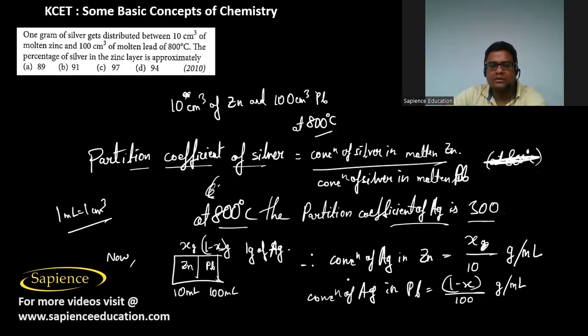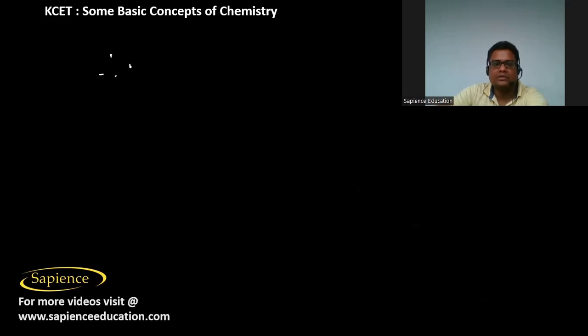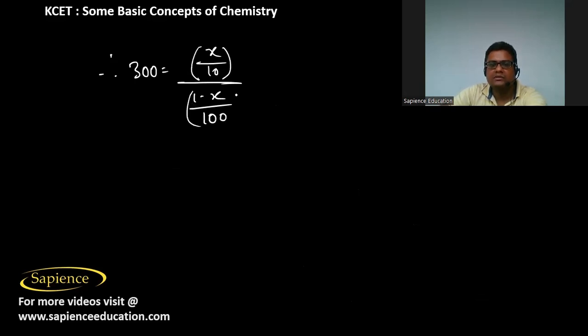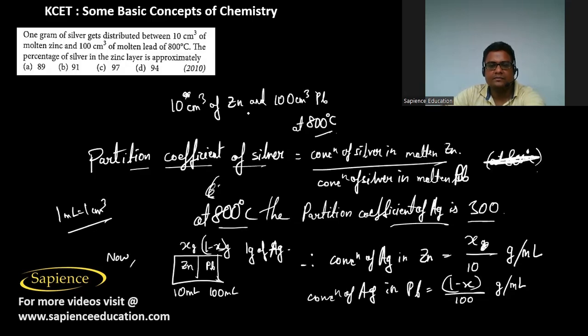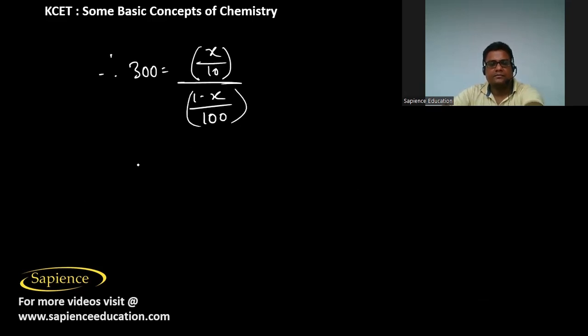So now, the partition coefficient, that is 300, is equal to X by 10 divided by 1 minus X by 100, which is the concentration of silver in zinc by the concentration of silver in lead. If we solve it, we get 1 minus X by 100 into 300 equal to X by 10.